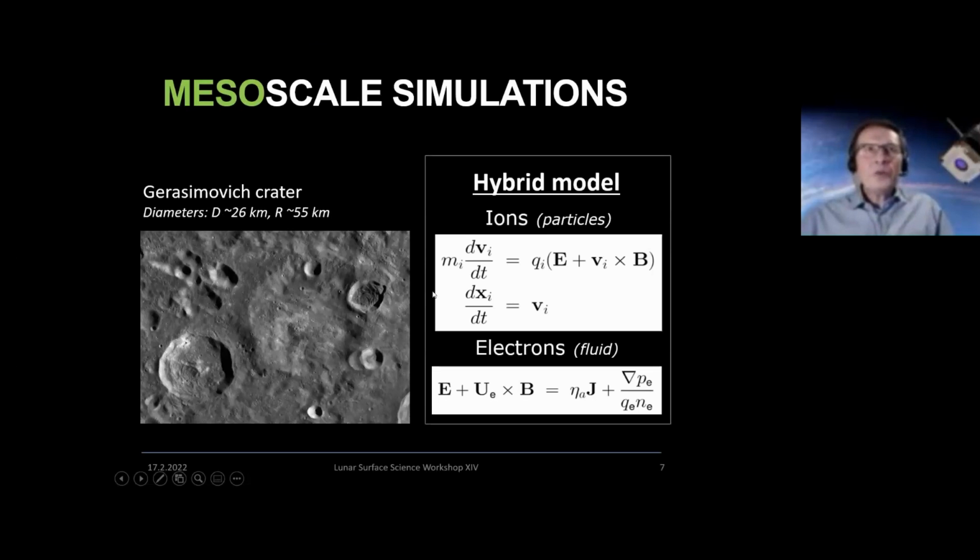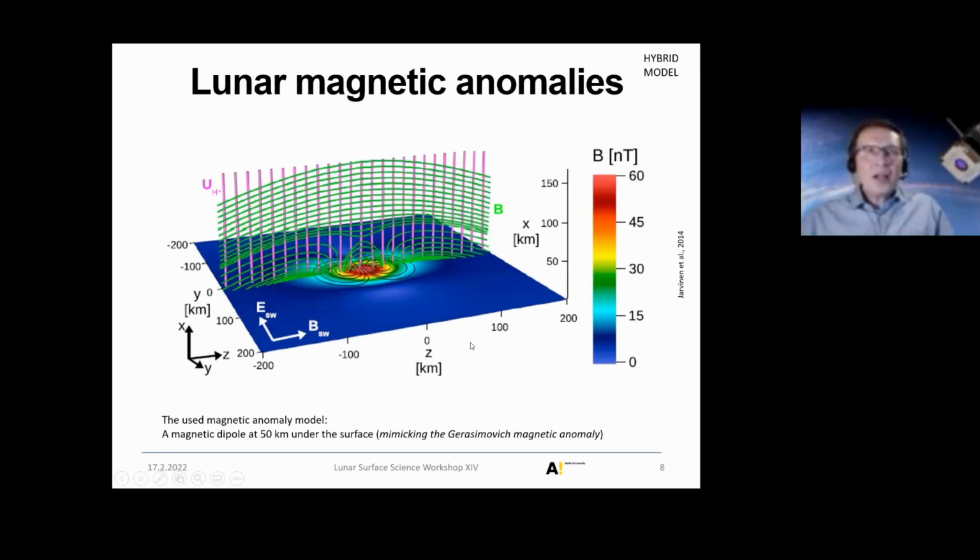Once again, we use the same hybrid model as in the macro scale. The color map shows the total magnetic field on the lunar surface, and the green lines show the magnetic field lines. The notable feature in this solution is that there is some kind of a mini magnetosphere around the anomaly.